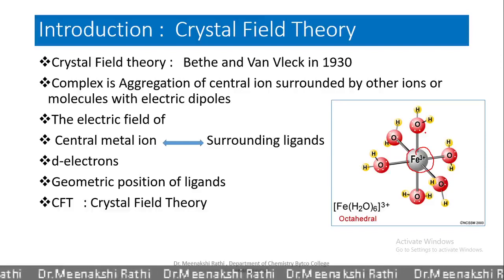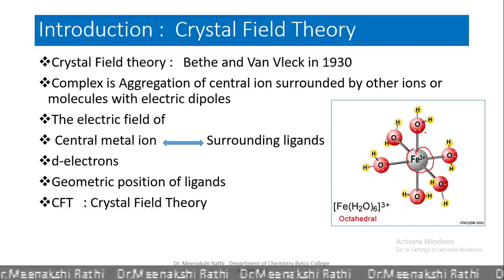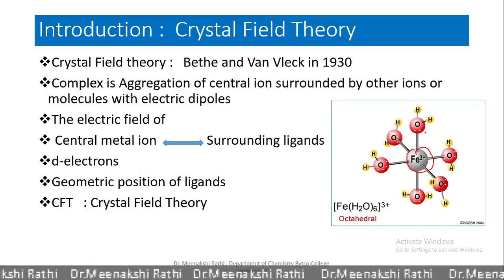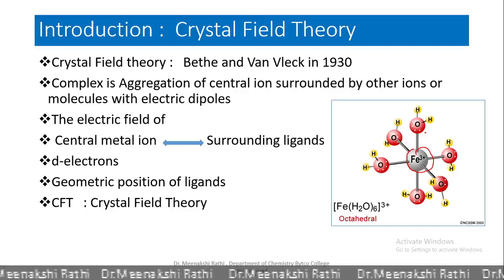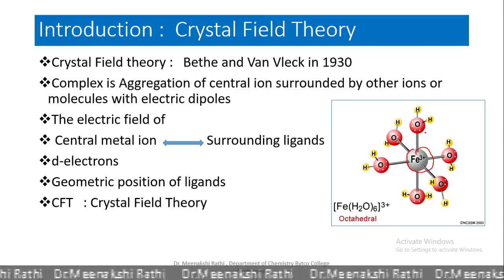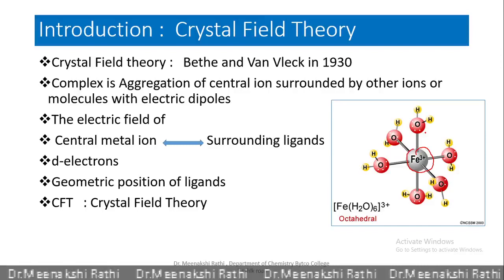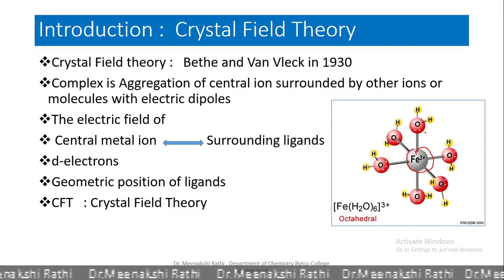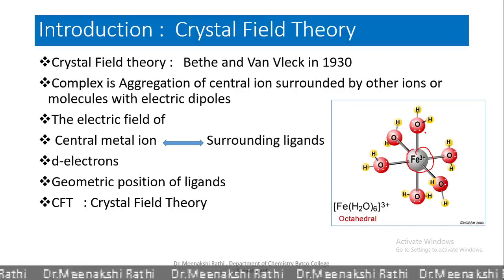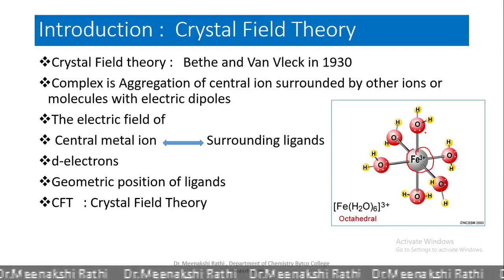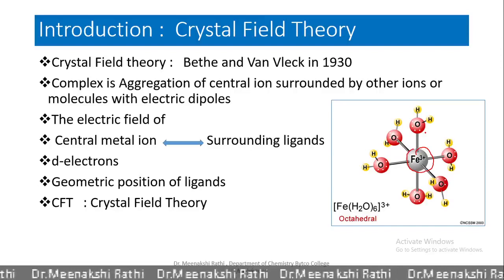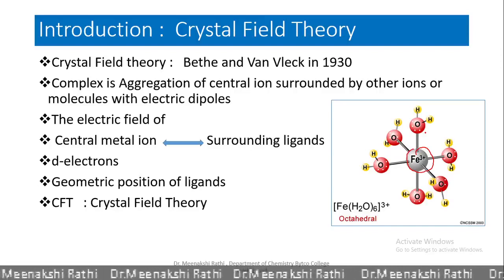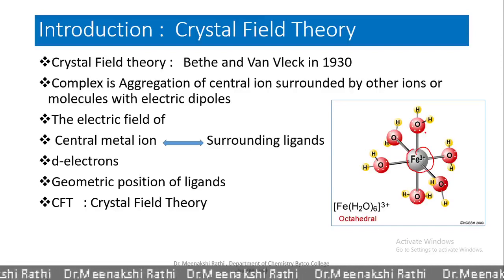Now, in the simplest treatment of the problem, the bonding between the central ion and the ligand is regarded as purely ionic. This theory, crystal field theory, does not consider covalent bonding. It is completely based on 100% ionic bonding.